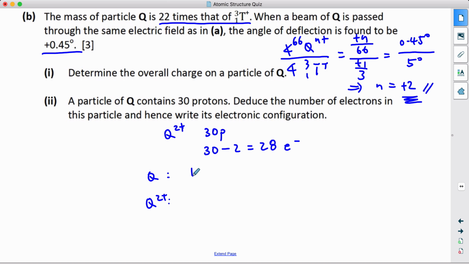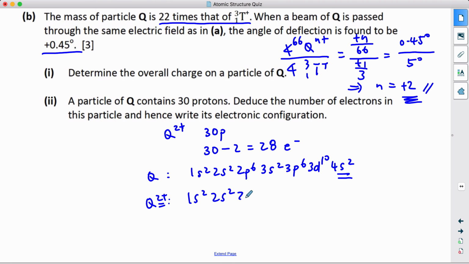Q has 30 electrons: 1s2, 2s2, 2p6, 3s2, 3p6. So far we have 18 electrons. Then it's 20 electrons and then 30 electrons. With 2+, we must remember to take away from 4s first. So Q2+ would be 3s2, 3p6, 3d10.